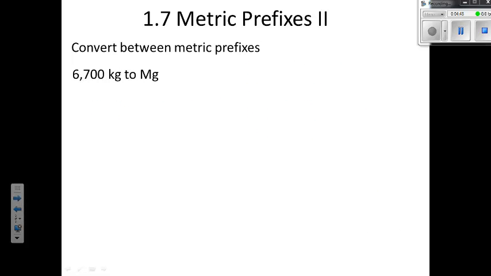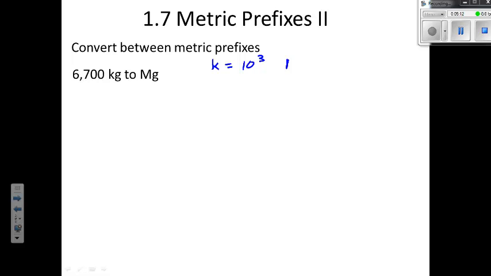What else might we want to do? Convert between metric prefixes. Okay, well, this is going to be a little more involved, because now we have two metric prefixes to deal with. In this case, we have kilo. K is kilo and equal to 10 to the third.